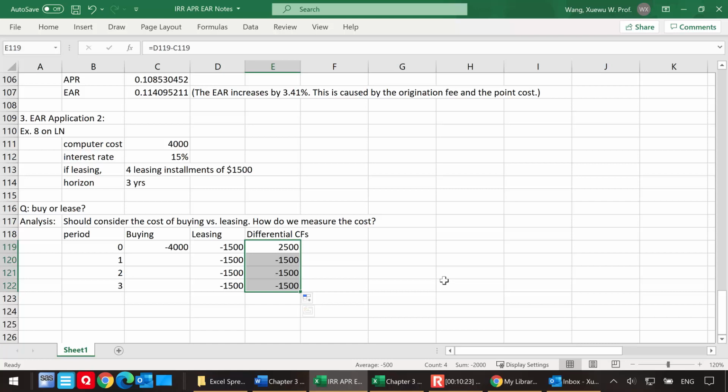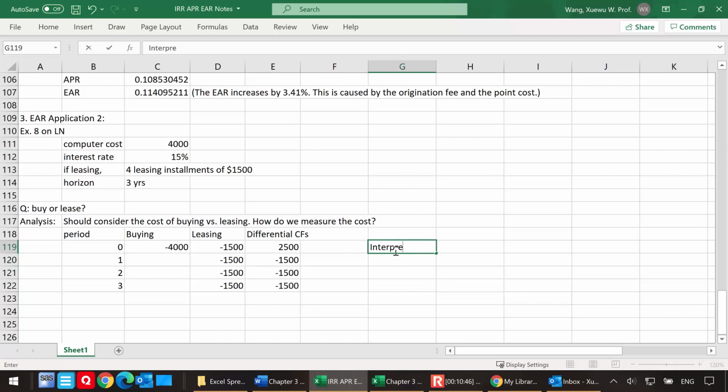So the question is, are you willing to take out such a loan? And the answer apparently depends on how expensive this loan is. If this loan is really, really expensive, I don't want to take out this loan. If I don't want to take out this loan, that's like I'm not willing to lease. Okay, so that's the interpretation.